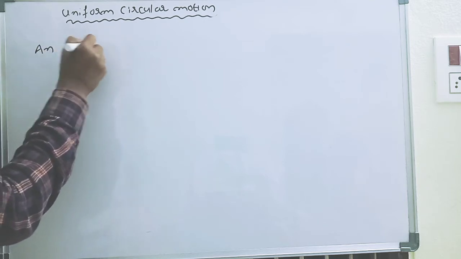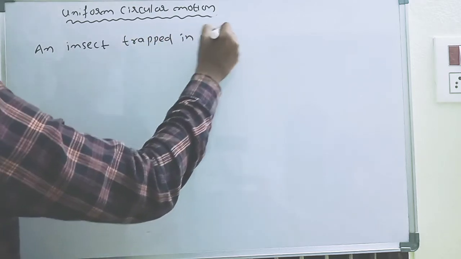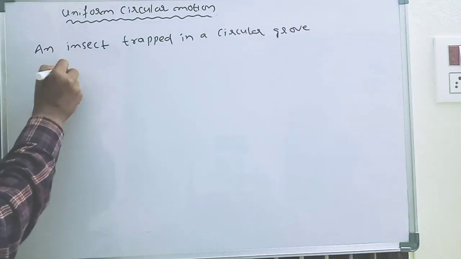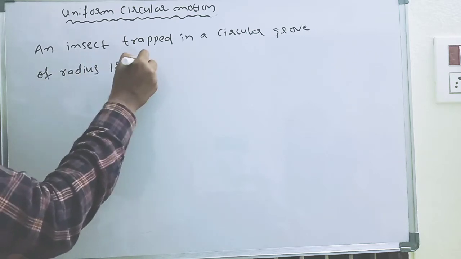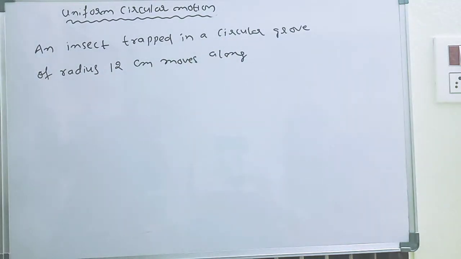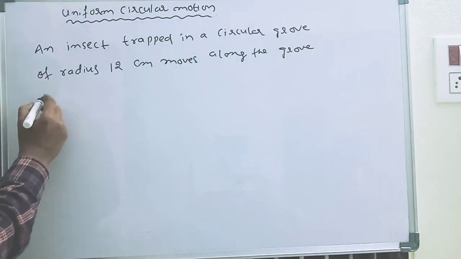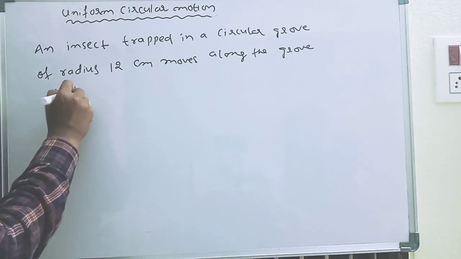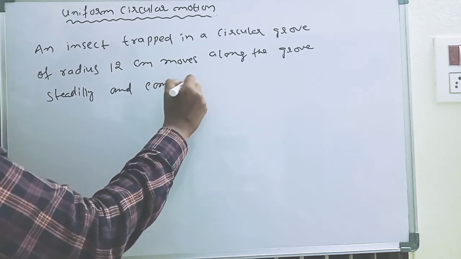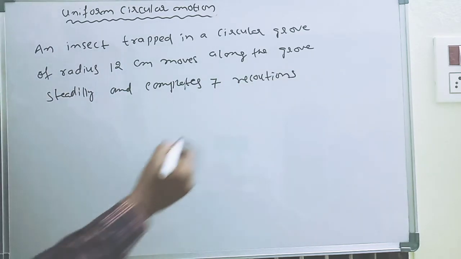An insect trapped in a circular groove of radius 12 centimeter moves along the groove steadily and completes 7 revolutions in 100 seconds.